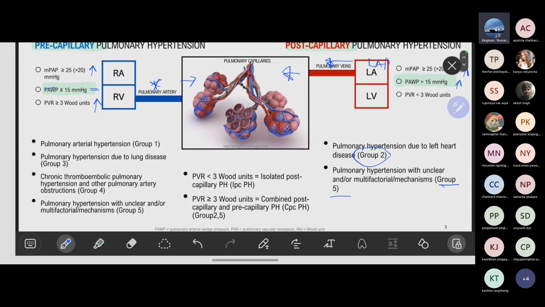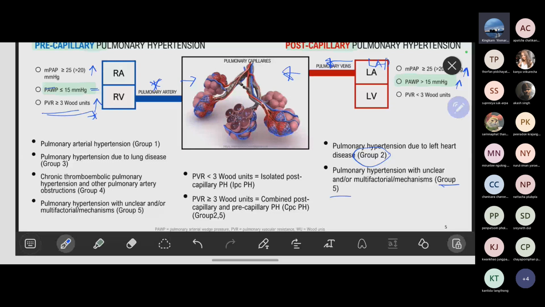And according to the 6th WSPH, they recommend that PVR should be included in the definition of pre-capillary pulmonary hypertension, as I mentioned previously. So a PVR cutoff value of 3 and more is defined as pre-capillary pulmonary hypertension.